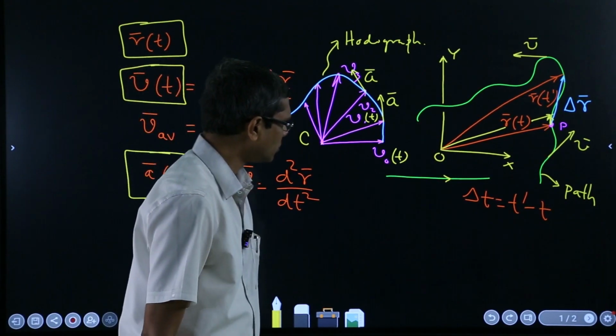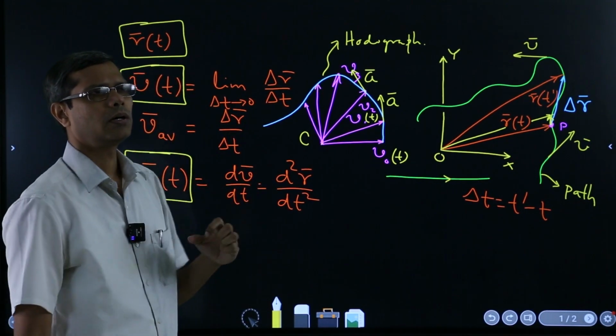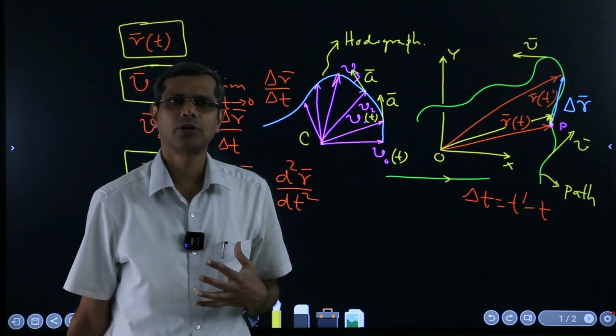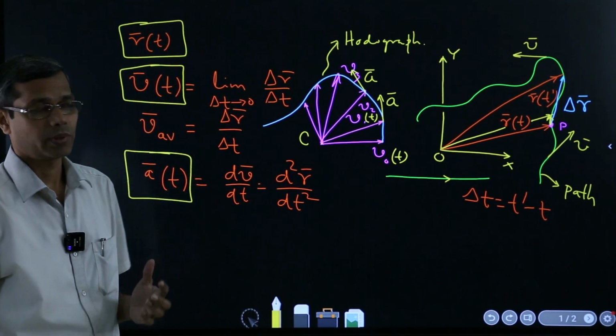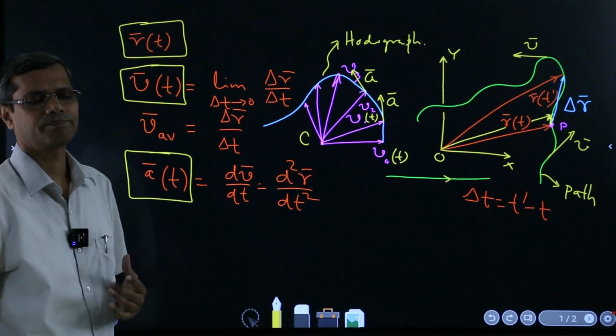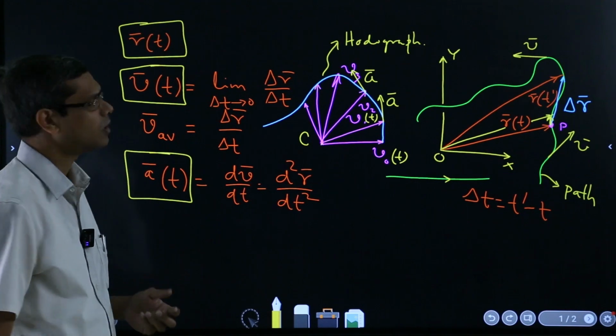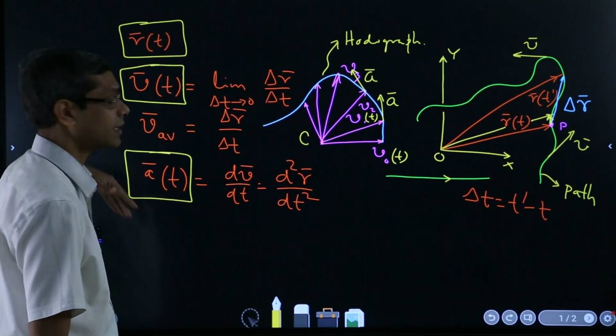But these visual representations are for getting a feel about how things are happening. They don't give us any quantitative information on what exactly is happening and how the velocity and acceleration are changing.